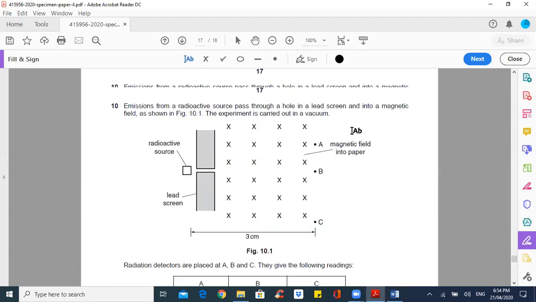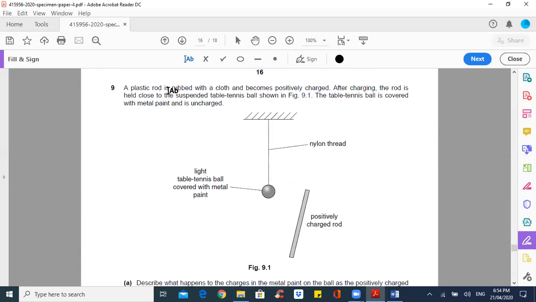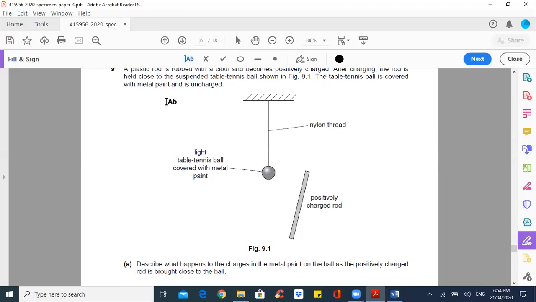Like I've never done, right? They said in this question, a plastic rod is rubbed with a cloth and becomes positively charged. After charging, the rod is held close to the suspended table tennis ball, shown in figure 9.1. The table tennis ball is covered with metal paint and is uncharged.